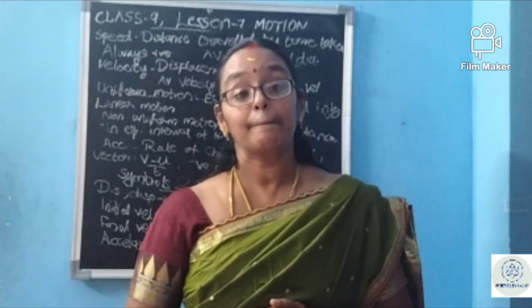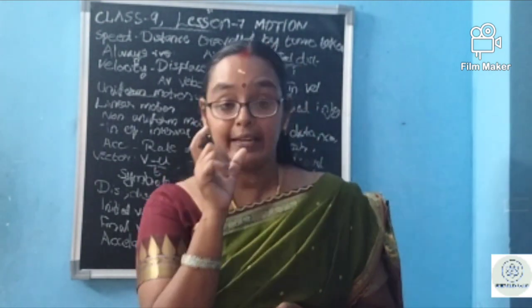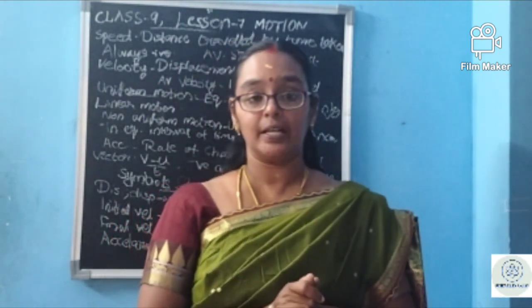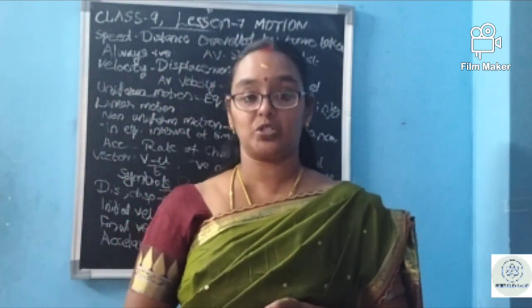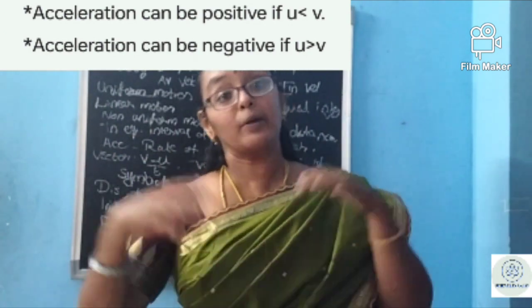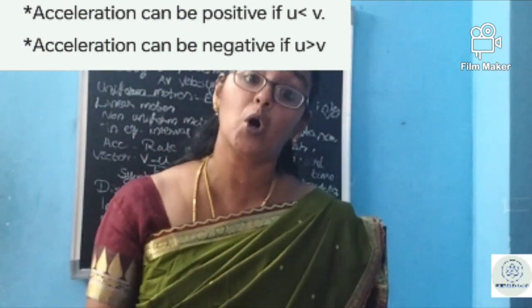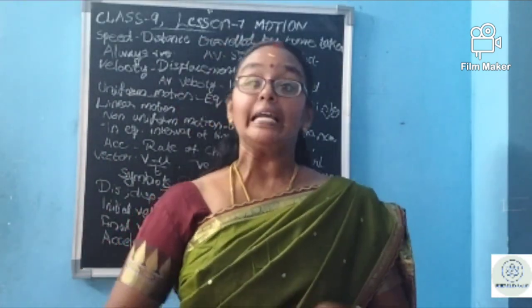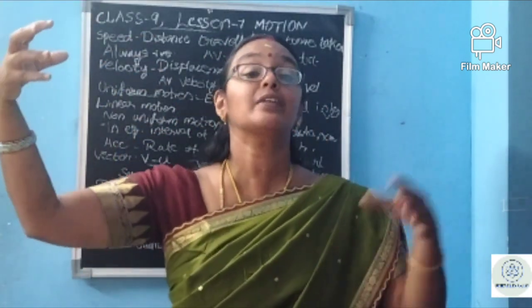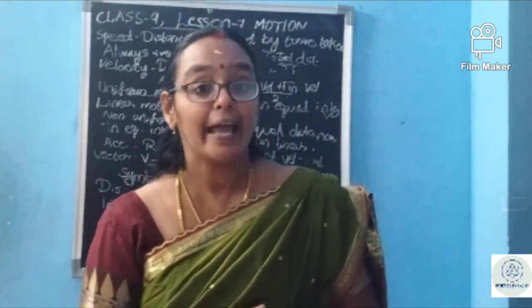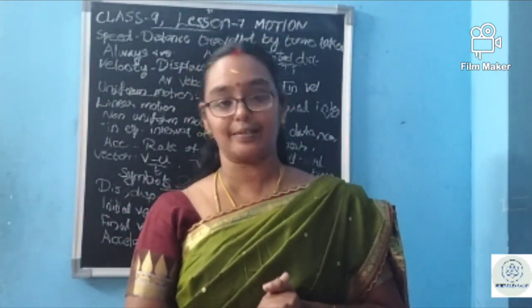We can say the body is in retardation if the initial velocity is greater than the final velocity. Initially I am moving at high speed, but finally the velocity has gone down. When the initial velocity is higher than the final velocity, it will be in retardation, negative acceleration.